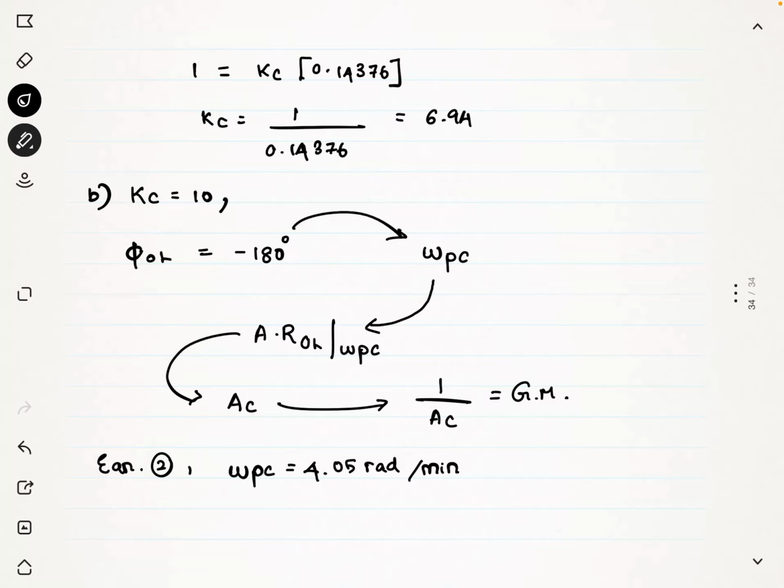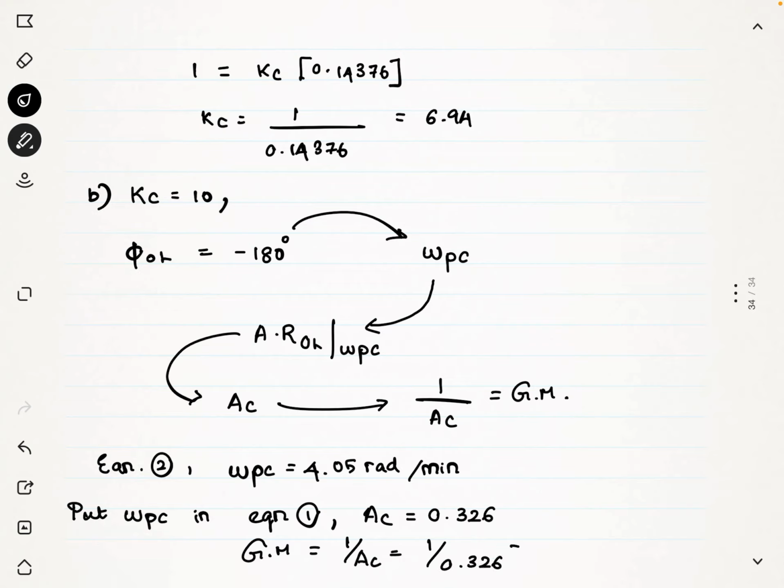Now, because we know the value of the phase crossover frequency, we can substitute that into equation 1. If you simplify, you will get the critical amplitude ratio, and then the gain margin is just the reciprocal of the critical amplitude. This is our final answer.